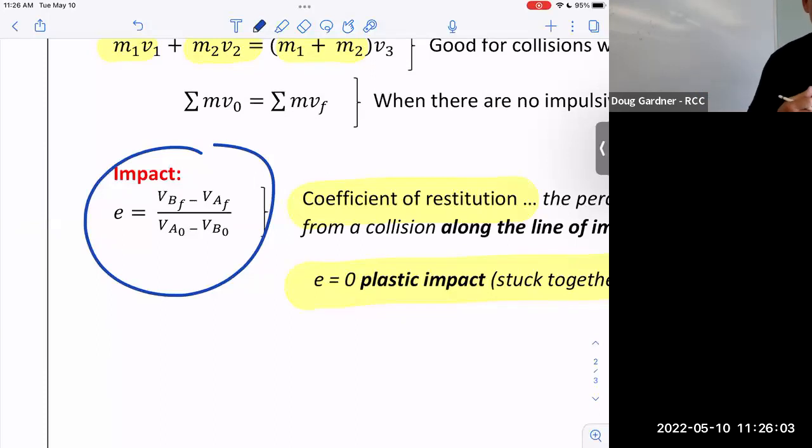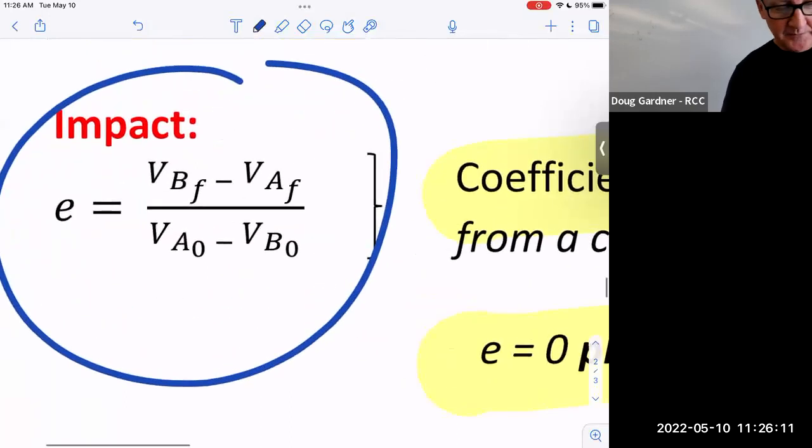So what do you do? You take the ball that got hit's velocity minus the ball that hit its velocity for final, and you divide by the initial. So the difference between their relative velocities later minus the velocities earlier. Does it make sense that quantity is going to be less than 1?